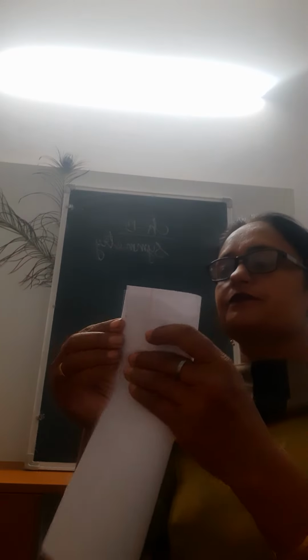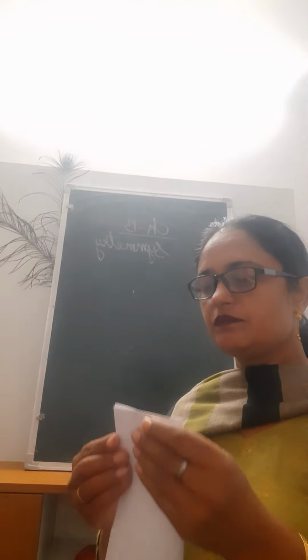If I fold this page like this, I have folded this page, and when I see from one side, it looks as if this is only one figure. So when one side is superimposed by the other side, and we are able to divide this figure into two equal halves, that means that figure is symmetrical.